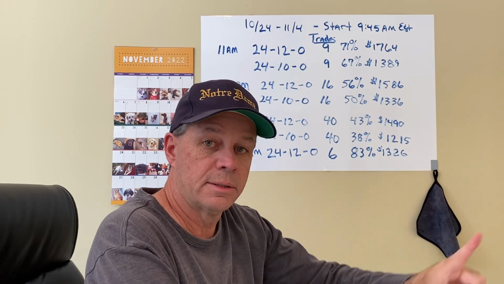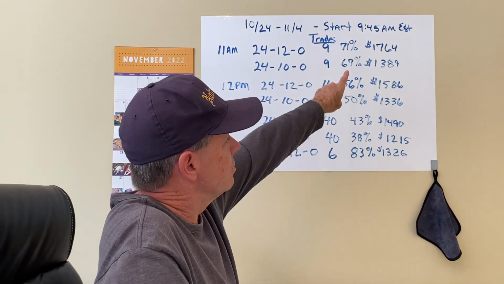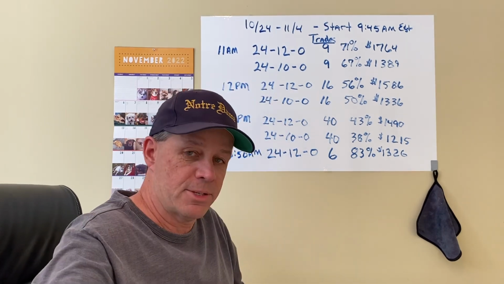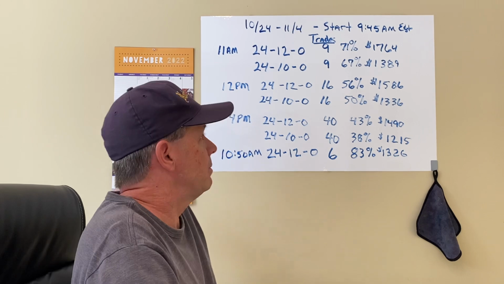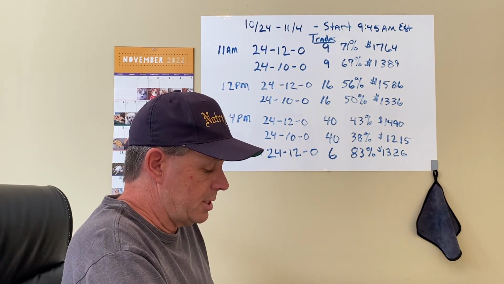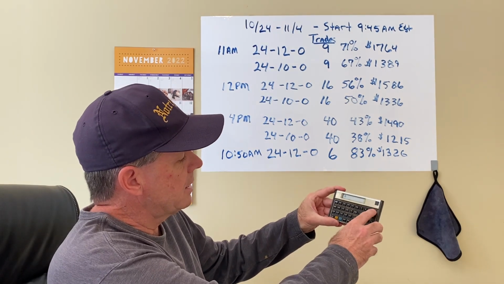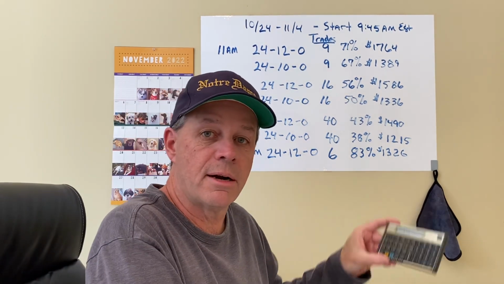One contract on those 8 days for $1,764. Now, let me just point this out to you when people ask me, well, what'd you make today? $1,764 divided by 8 is only $220 a day.